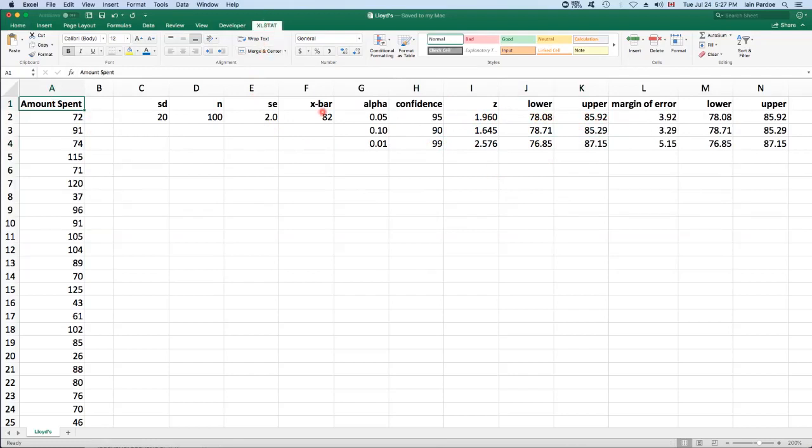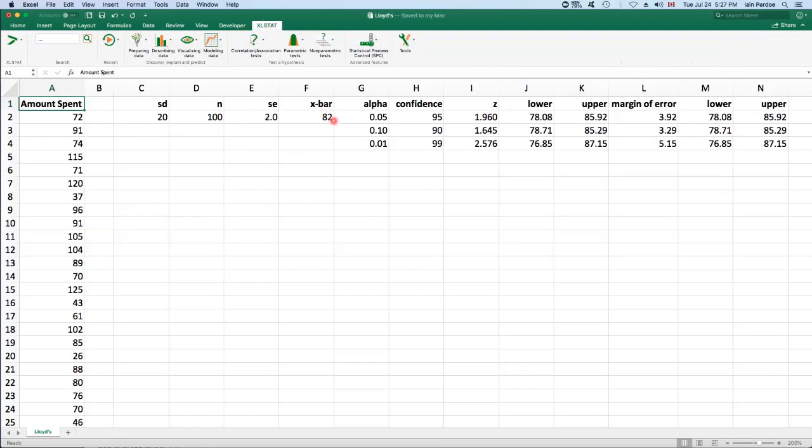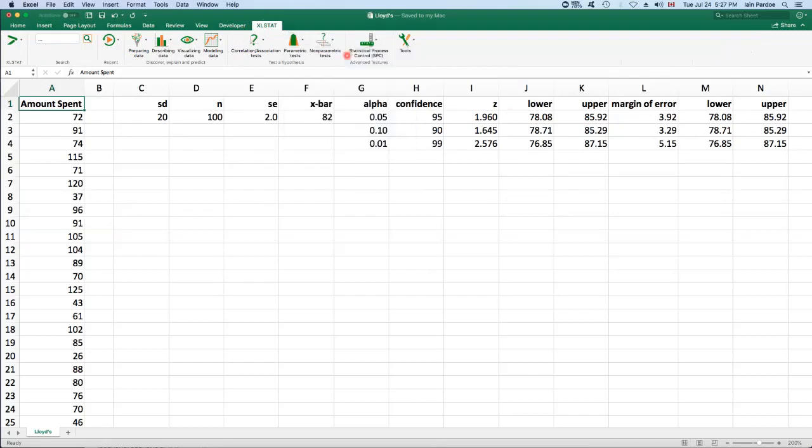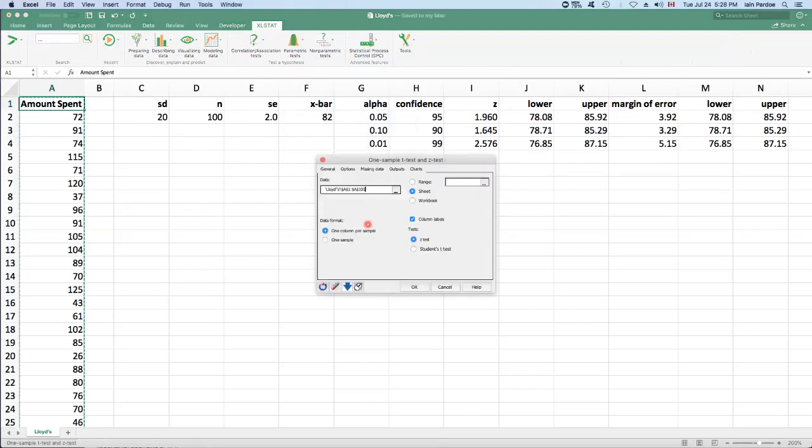So let's do that. If I go to parametric tests, one sample t-test and z-test, it's the z-test part that we use here. We're not actually going to do a hypothesis test because we've not reached that point in the course yet. We'll use this simply as a means of finding the confidence interval easily.